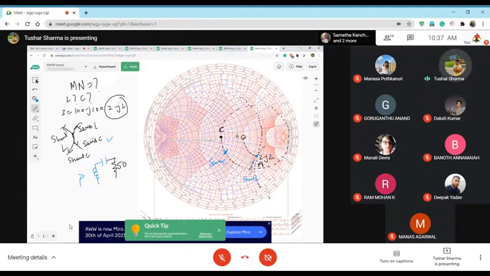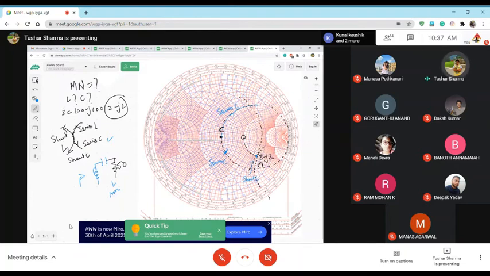कोई ये भी मेरे को बोल सकता था कि हम यहां से ऊपर जाते हैं. Let's think about this. So this I can go series L first element. तो ठीक है, पहला एलिमेंट सीरीज L रखा. अब दूसरा एलिमेंट सीरीज L और शंट तो होना ही होना है. Now you have to move on.